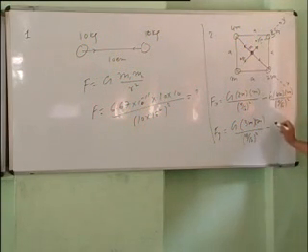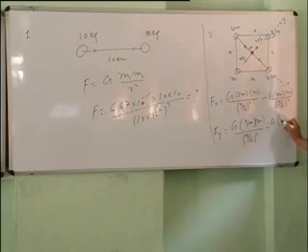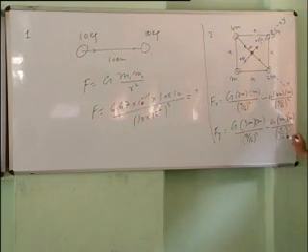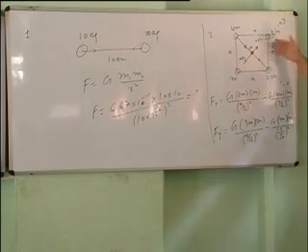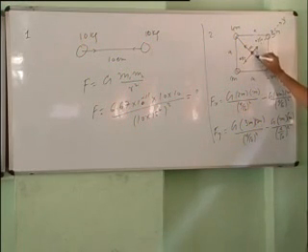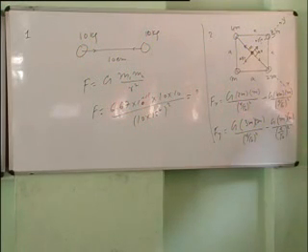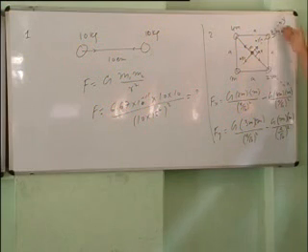So it is G m into m by a by root 2 whole square. These are the two forces in two directions, the x direction and the y direction, and you know the angle between them is 90. So finally you have to find the net force of Fx and Fy.